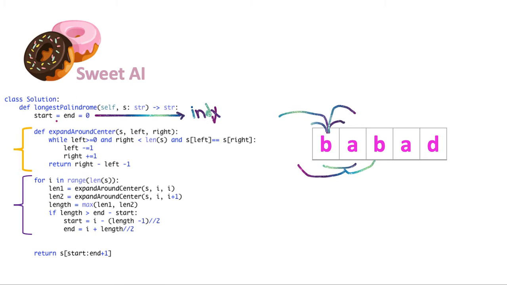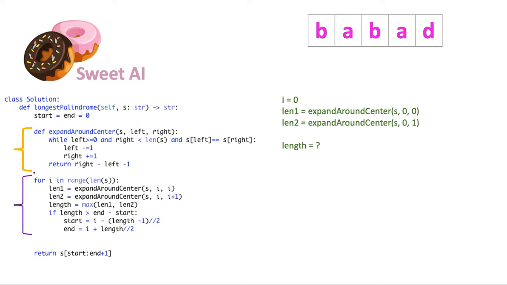And if it is longer, we're going to update this, and we keep iterating over the whole string until we get the longest one, and we're going to return the result based on the start and end index that we are updating throughout the string iteration.